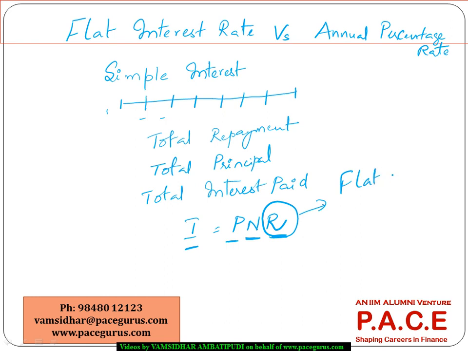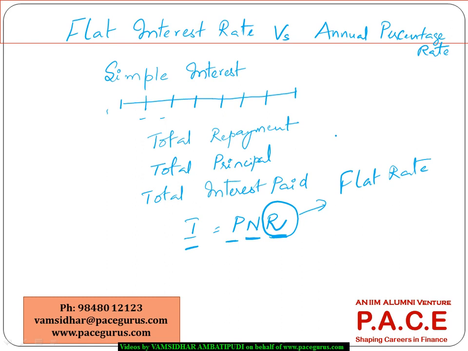For quick computation we look at this flat rate of interest, which is typically the total interest as a percentage of the loan amount over the total period of the loan. That is what we call a flat rate of interest.